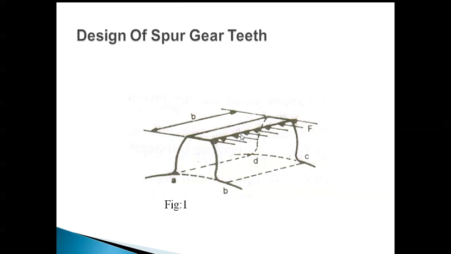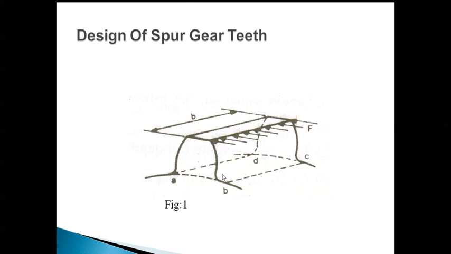surface of the tooth. So here we can see this acts as a cantilever beam where the bottom is fixed and the top is free, and the load is acting at the free end only. That's why it is like a cantilever beam, with the tangential force acting at the free end.